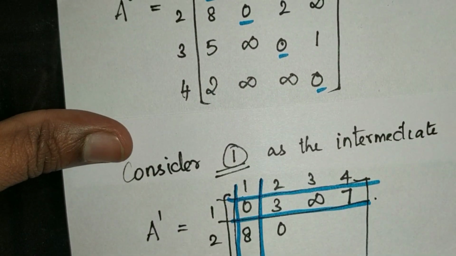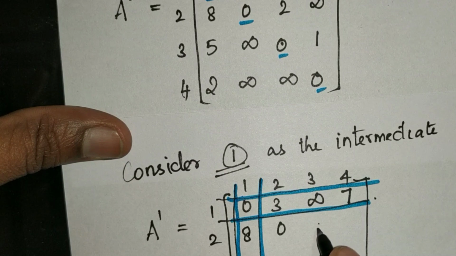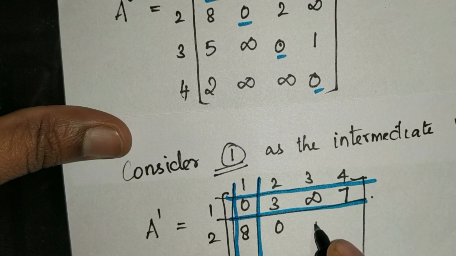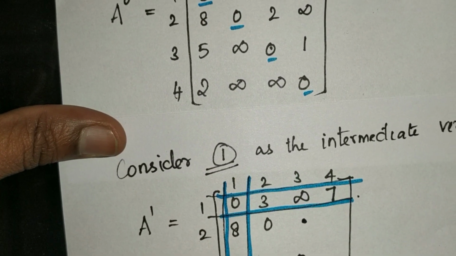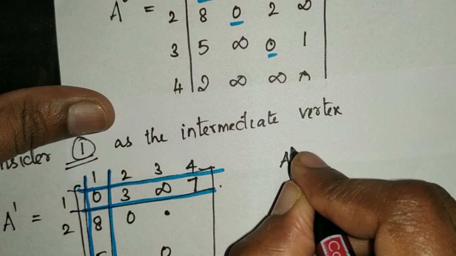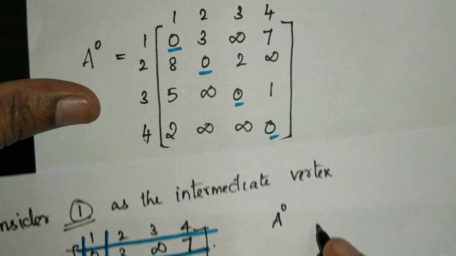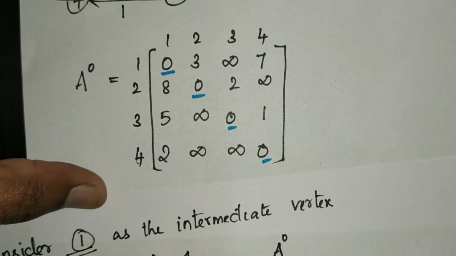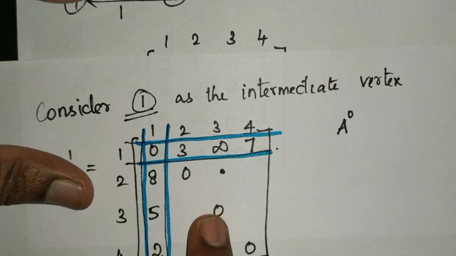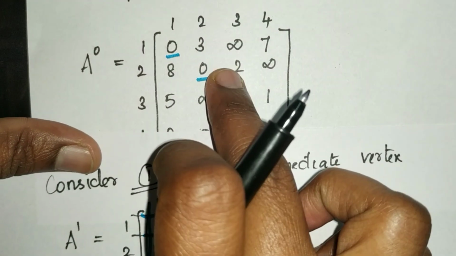Now we want to find the value for all the other places. So what we want to find is 2, 3. For finding this, we want to find the minimum from the previous matrix. To calculate the values for this matrix, we are going to calculate from the previous matrix, that is A0.